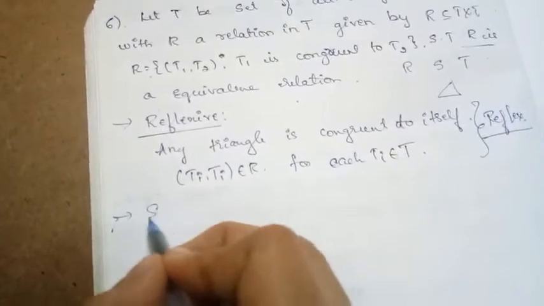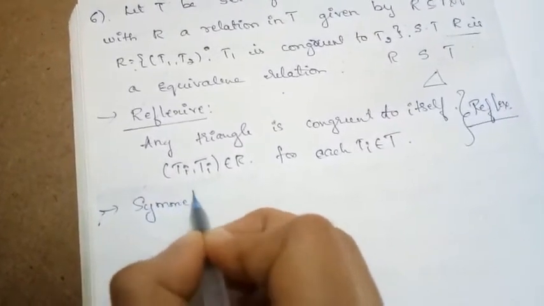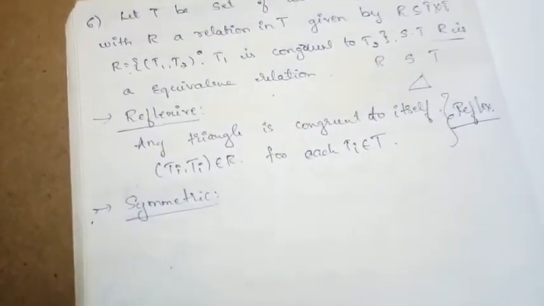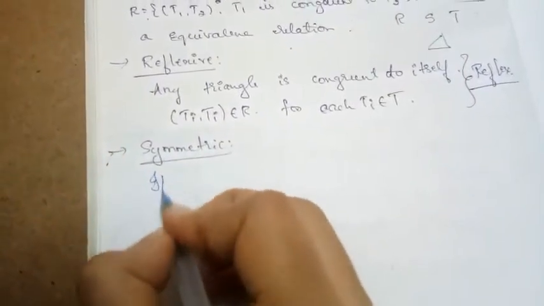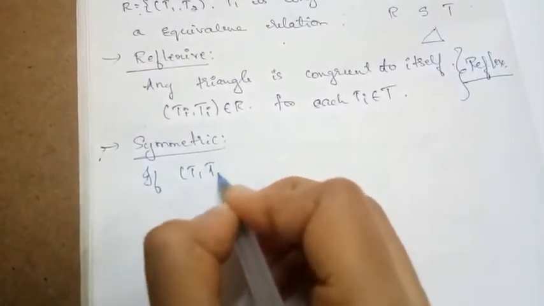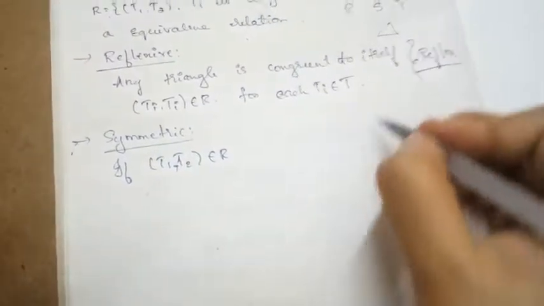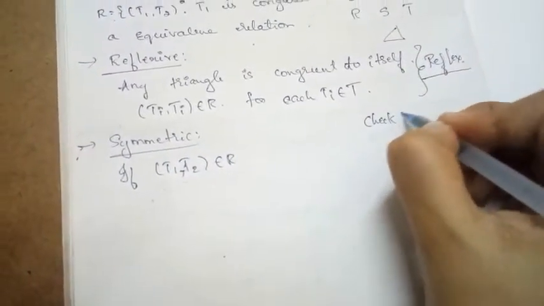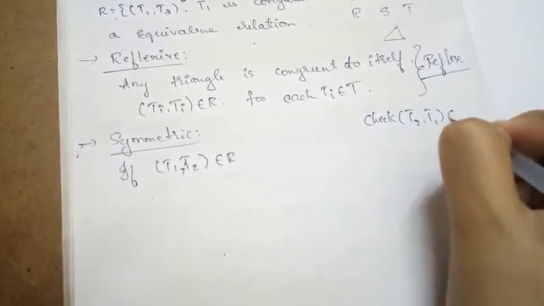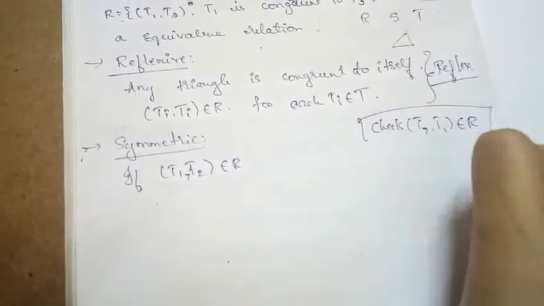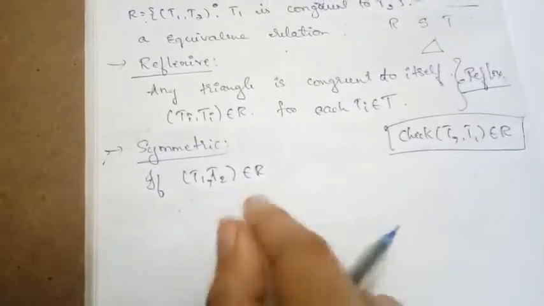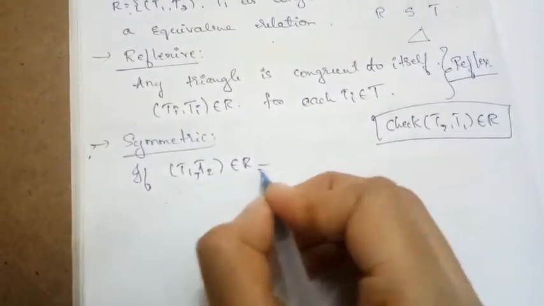Now checking for the symmetric. What does the symmetric relation say? If T1 comma T2 belongs to R, we need to check whether T2 comma T1 also belongs to R. So if T1 comma T2 belongs to R, what does that imply?